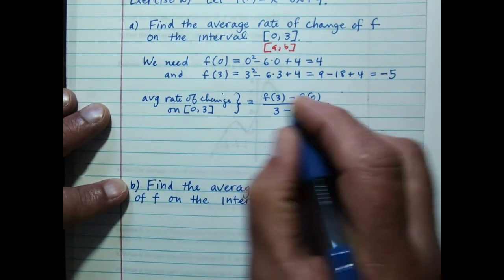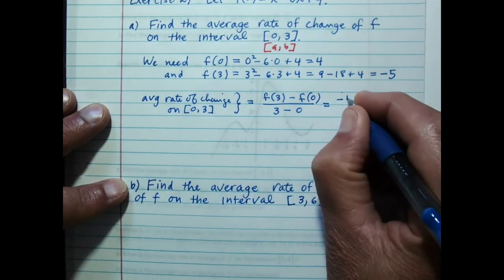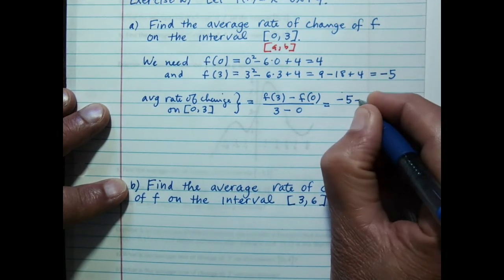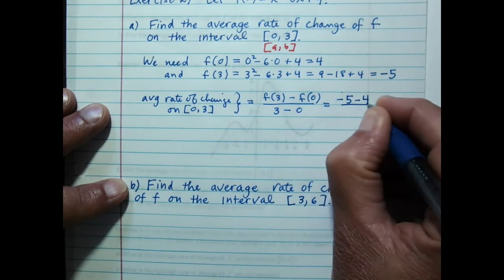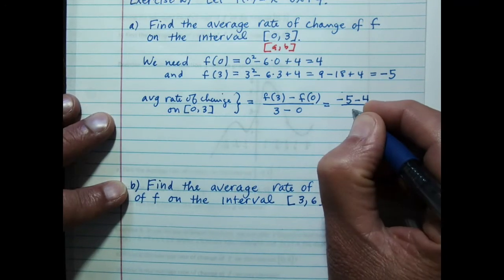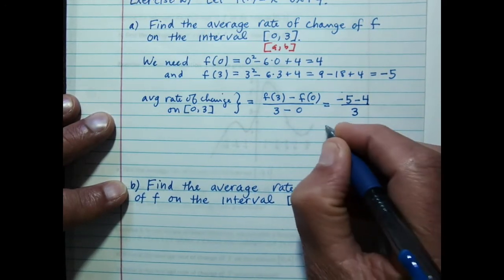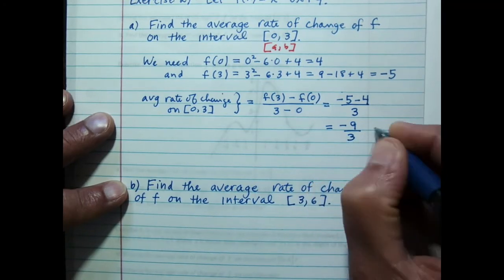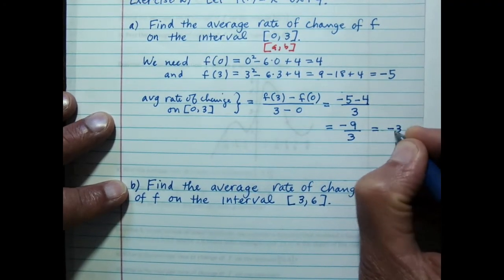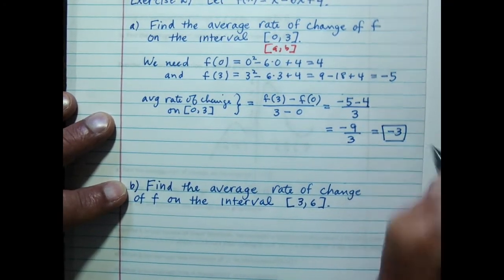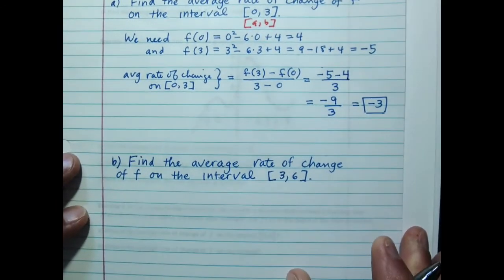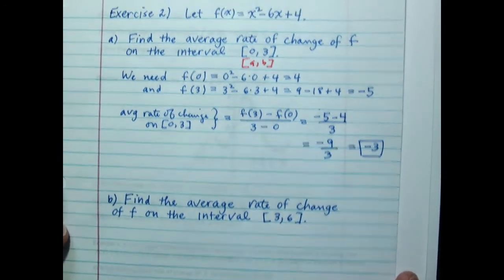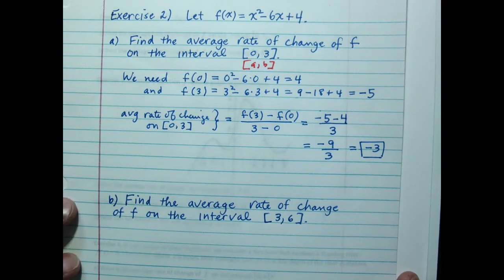And we just calculated f of 3 is negative 5, minus 4, over 3. That's negative 9 over 3, or negative 3. We'd say the average rate of change is negative 3. Here we have no units because we're just working with an abstract function. Let's go ahead and do part B.